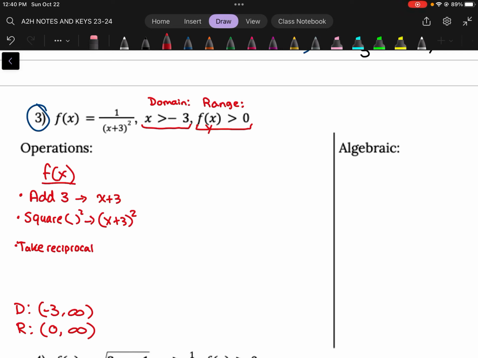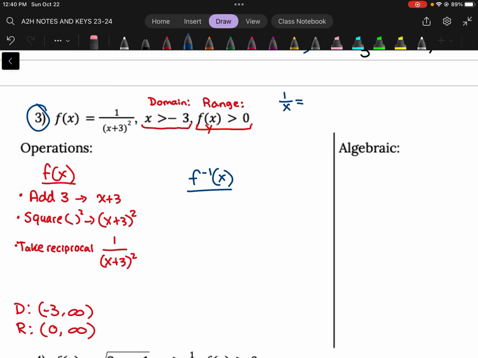So if I plugged in 2, I would do 2 plus 3 is 5. I would square it and get 25. Then I would put the whole thing over its reciprocal.